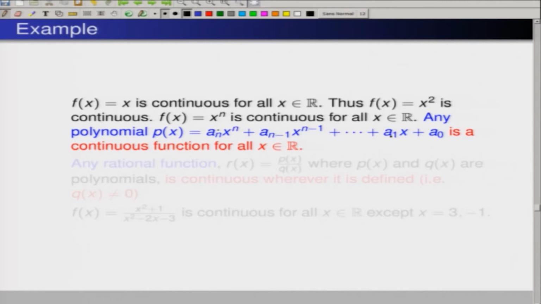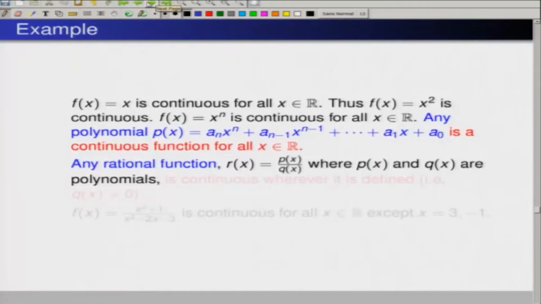Now, consider any rational function R of x equal to p of x by q of x, where p of x and q of x are polynomials, that means p and q are continuous functions for all x in R. Whenever we would like to define p of x by q of x, this can only be defined for those x for which q of x is not equal to 0.